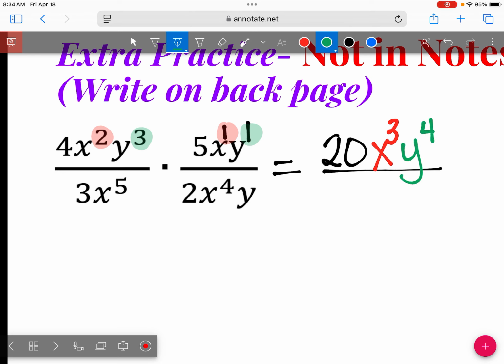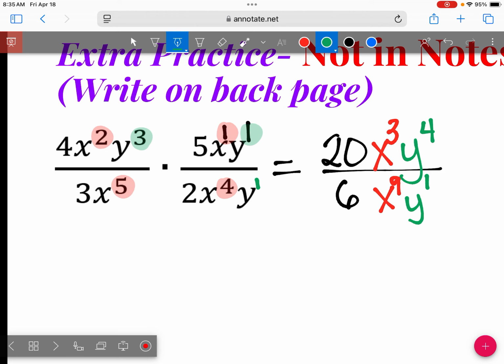Then we're going to look at our denominator. 3 times 2 gives you 6. And then 5 and 4 is 9. And then there's only one y at the bottom, so that would be y to the first.